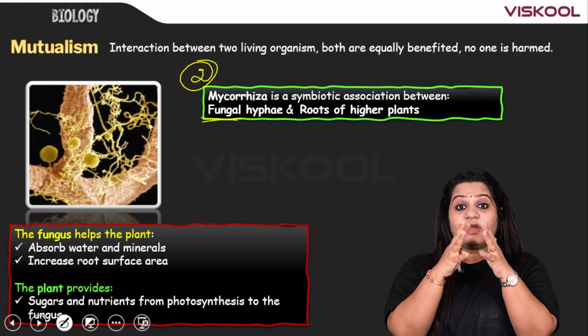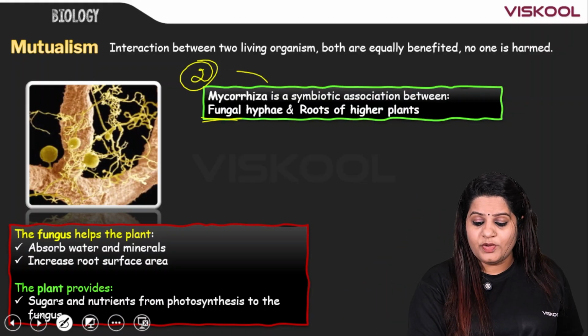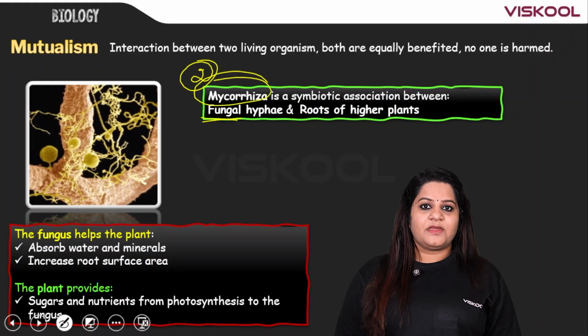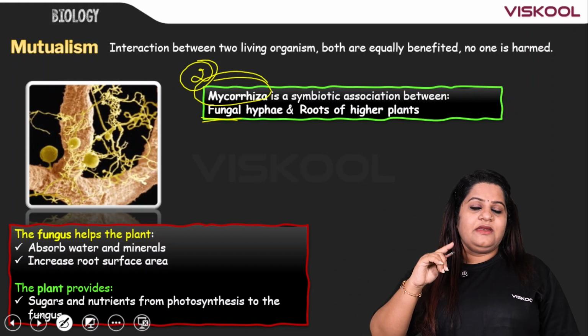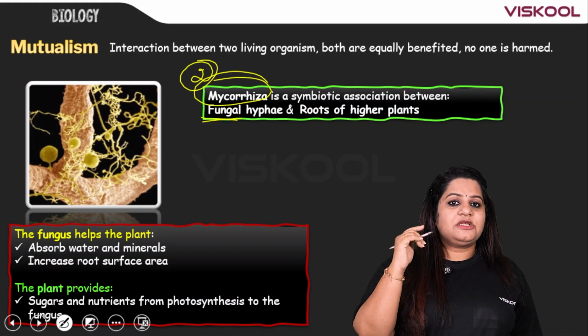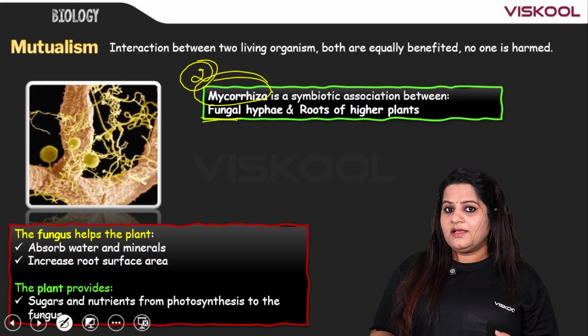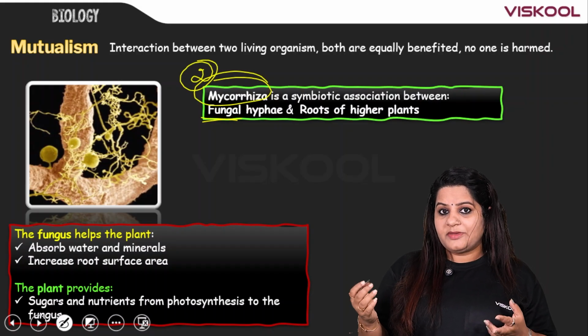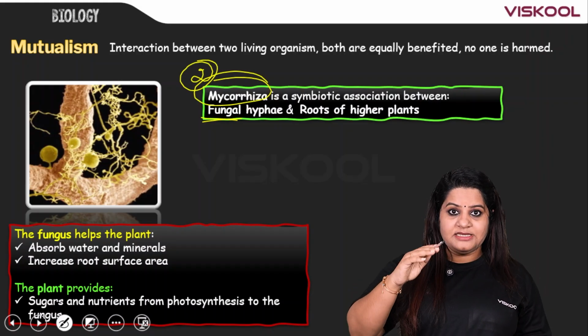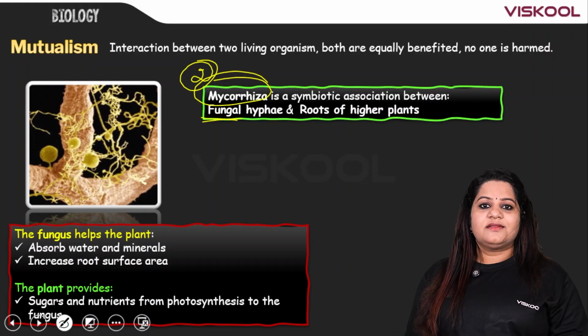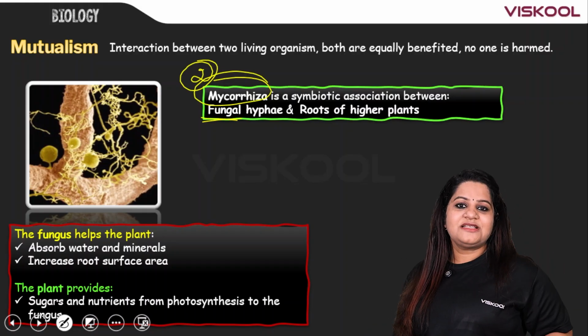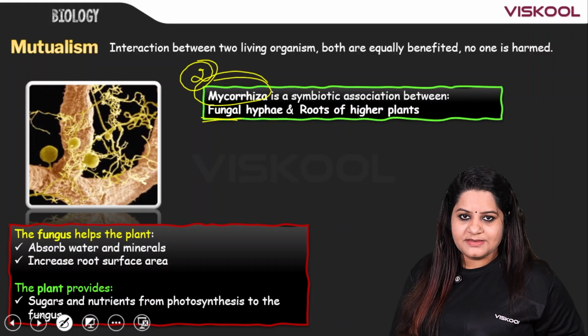Fungus with the roots of higher plants is known as mycorrhiza. In class 11, under the chapter Plant Kingdom, you might have studied this, right? Mycorrhiza and rhizobium also you might have studied there. Bacteria plus root, and here, fungus plus root of higher plants.